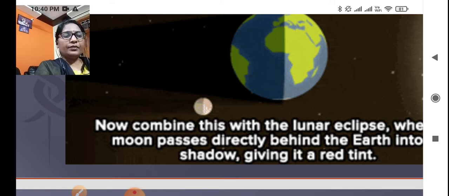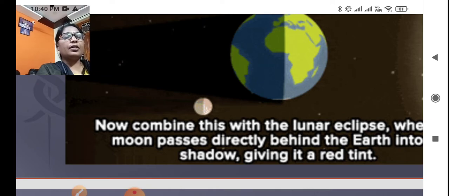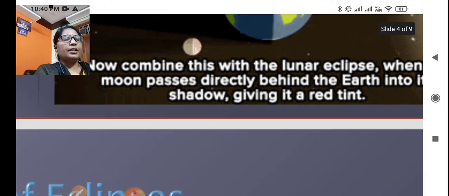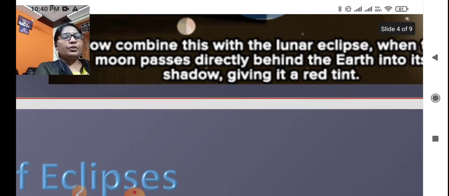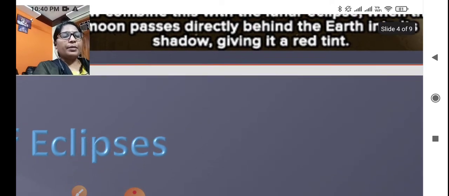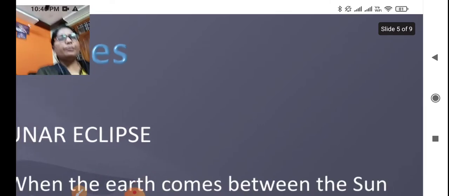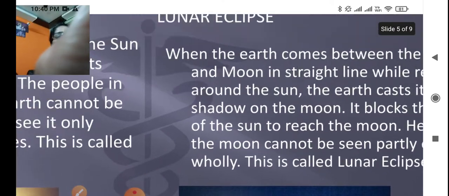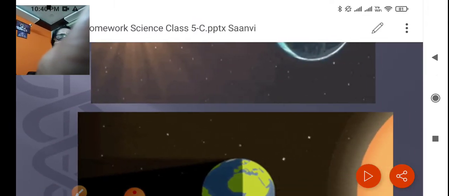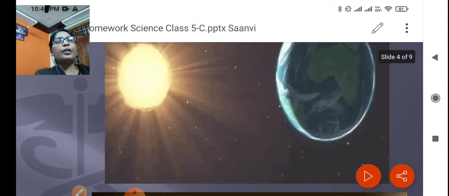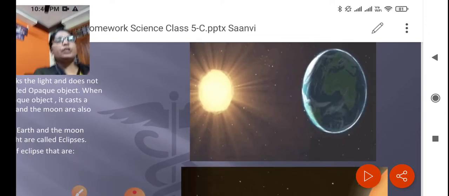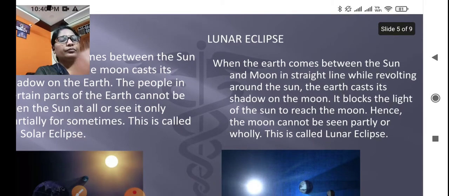The part of the shadow that totally blocks the sunlight is called the umbra, and the part of the shadow that blocks only a part of the light is called the penumbra. If it completely blocks the light, that is called umbra. If it partially blocks the light, that is called penumbra.